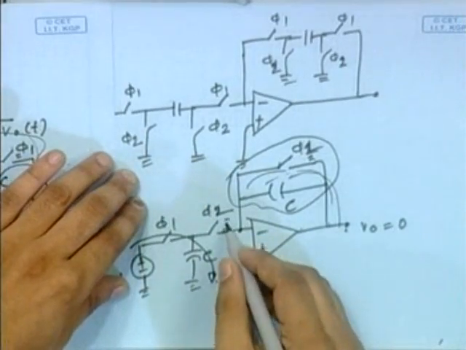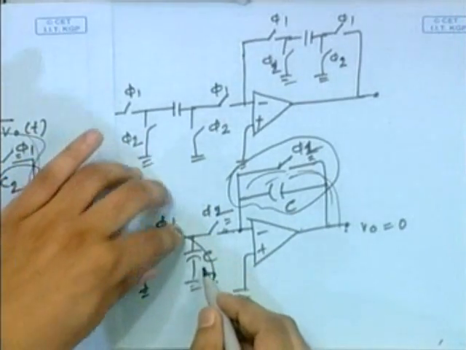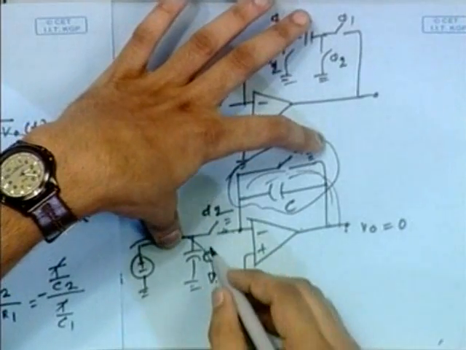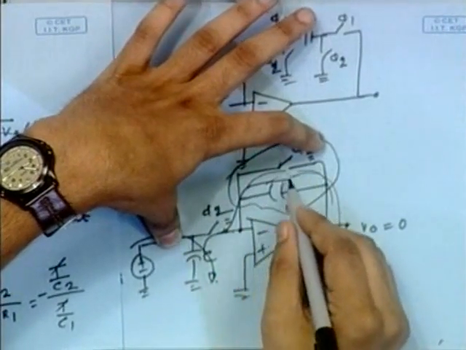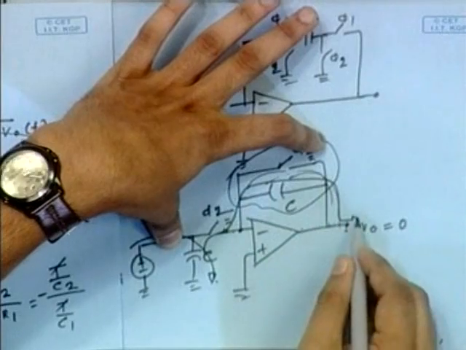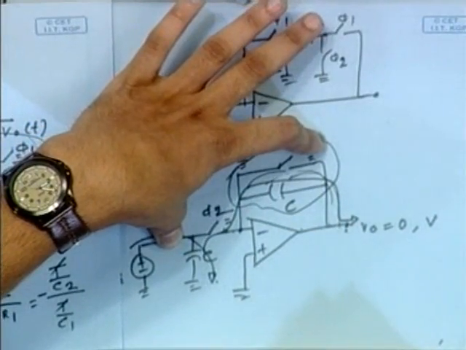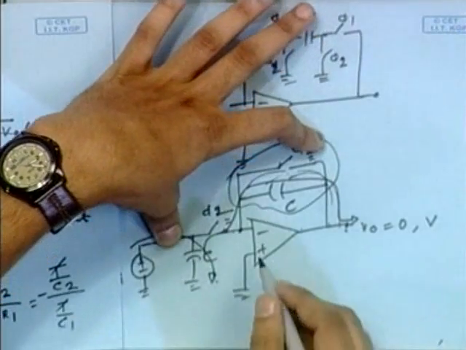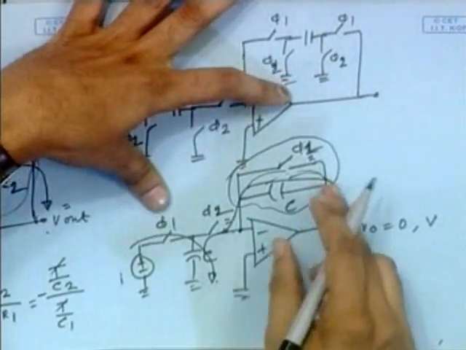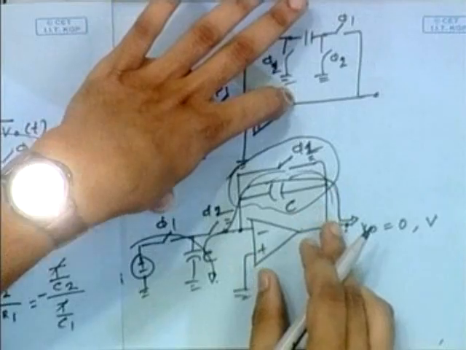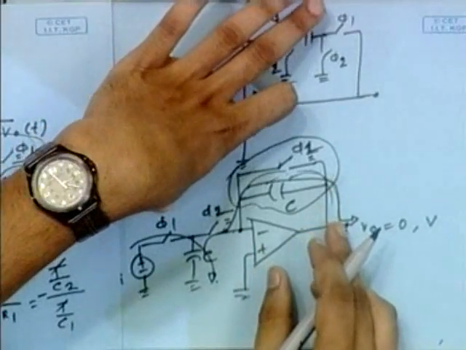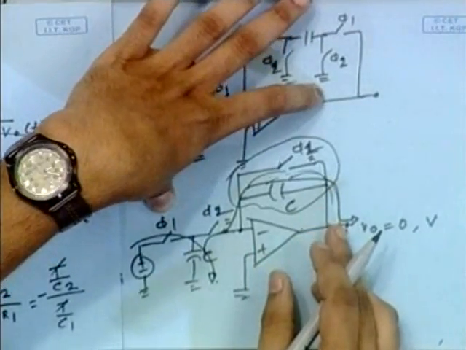And when phi 2 is on, that time phi 1 will be off, so this charge will be transferred using this path. So we will have V volt. Here in this case, we do not have any floating node. Is it clear? This one.